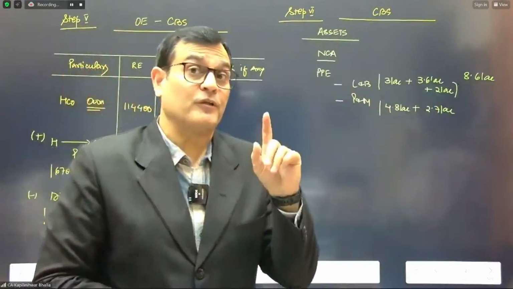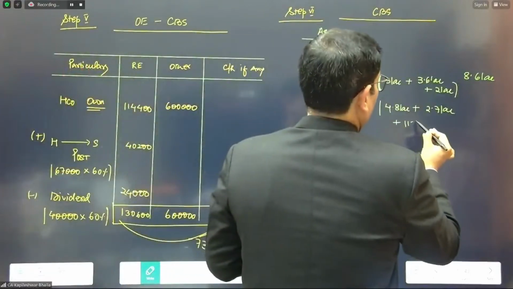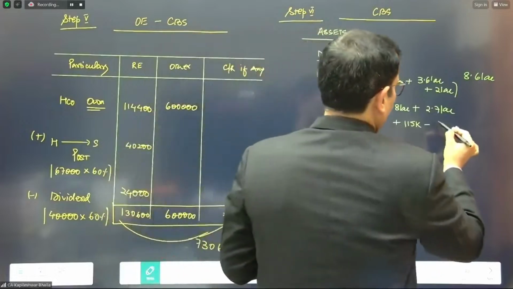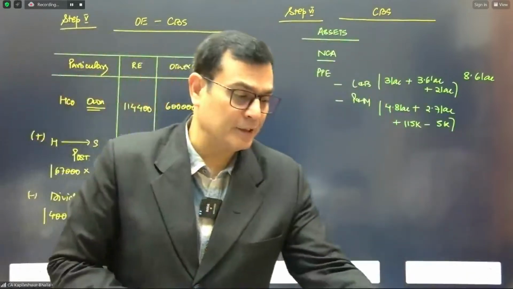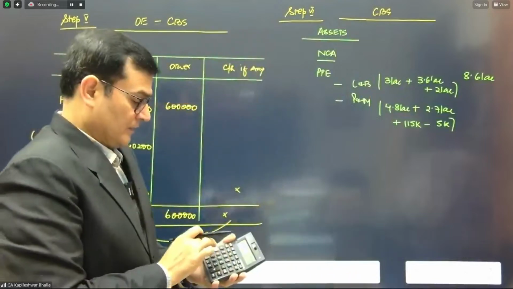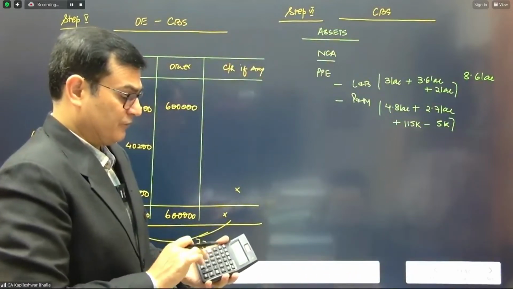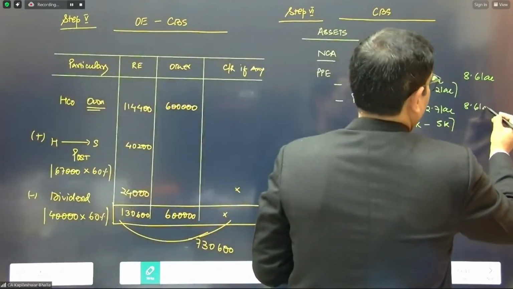And then you need to consider the fair value adjustments. Plant and machinery, I think increase was 1,15,000 and additional depreciation, I think was 5,000. So fair value change and additional depreciation. So that is 4,80,000 plus 2,70,000 plus 1,15,000 minus 5,000. That's also 8.6 lakh itself.